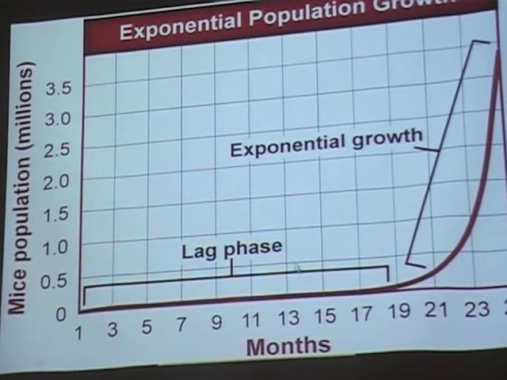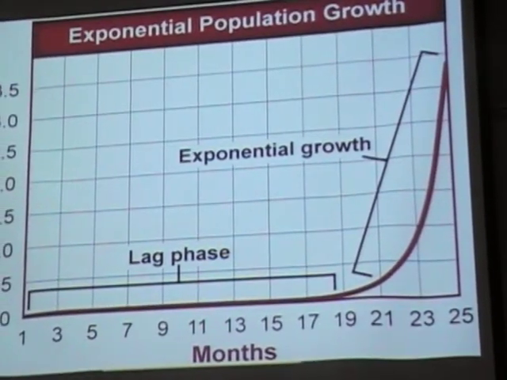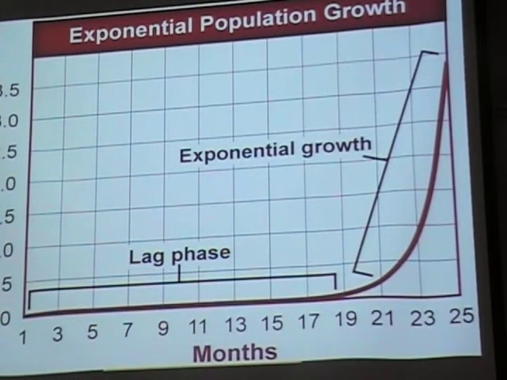And why does it do this? Well, it's a numbers game. If you think about organisms, if we start with 2 mice, if those 2 mice have a couple of babies, how many do we have the next year total? 4. Let's say they just double their population every generation. 2, then 4, and then they double their population. What's next? 8. 16, 32, 64, 128, 256, 512, 1024, 2048.